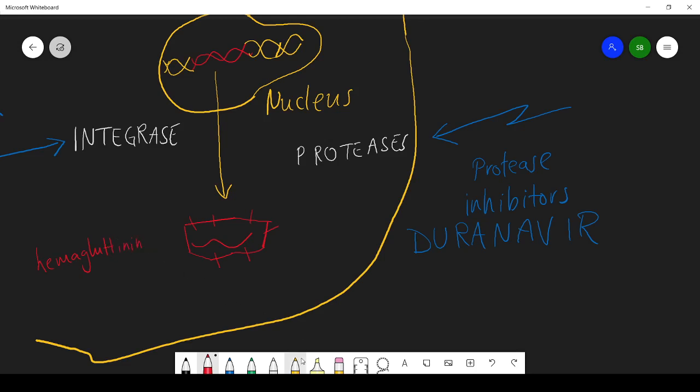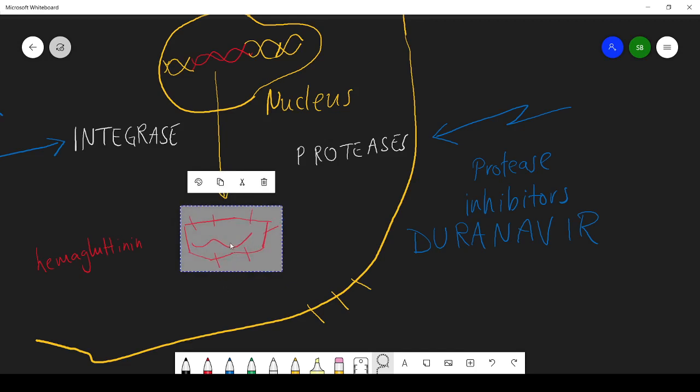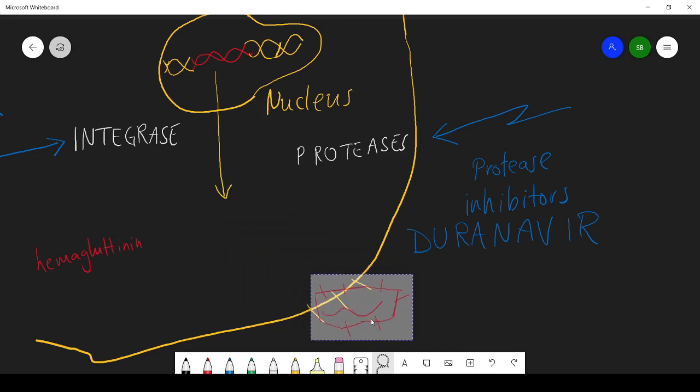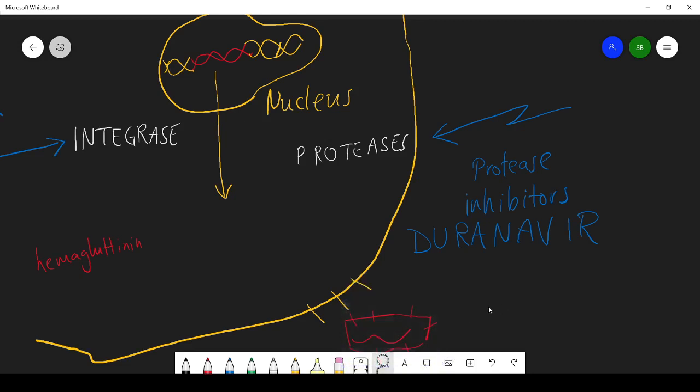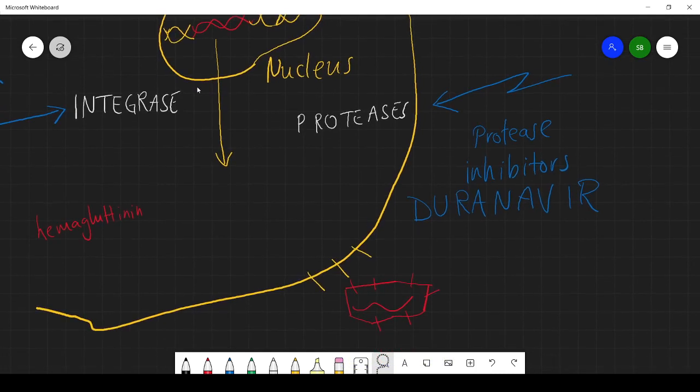On the surface of the host cell you have receptors, a certain type of receptor containing sialic acid. It's not important. What happens is that when the virion gets exocytosed, part of that process involves it being attached to these receptors.